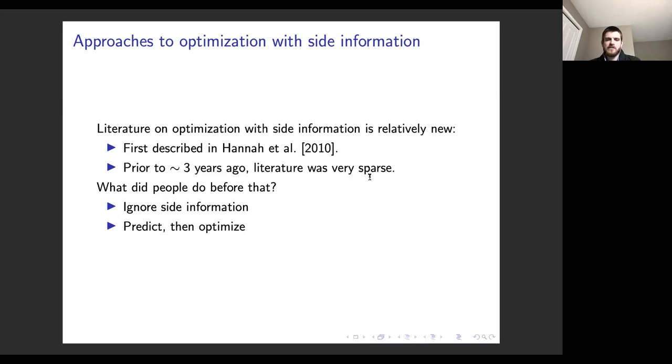There's two approaches that you can take before that don't really address the problem directly, but if you run into a problem with side information. So one thing you could do is ignore the side information. And another thing you can do is something called predict, then optimize.